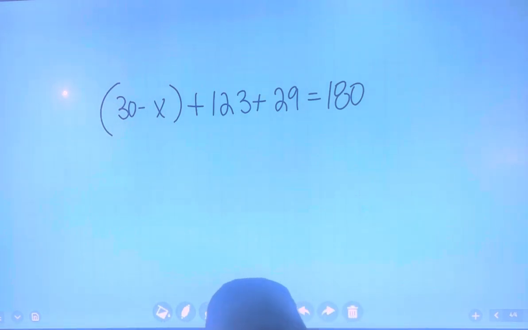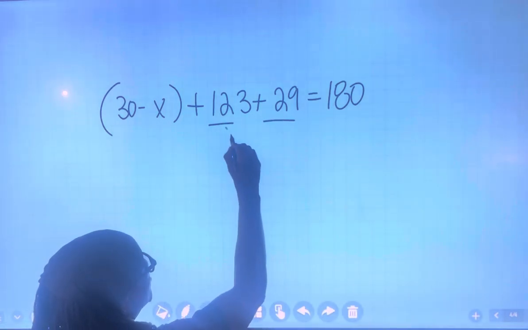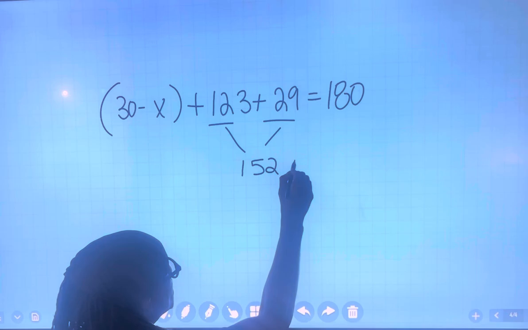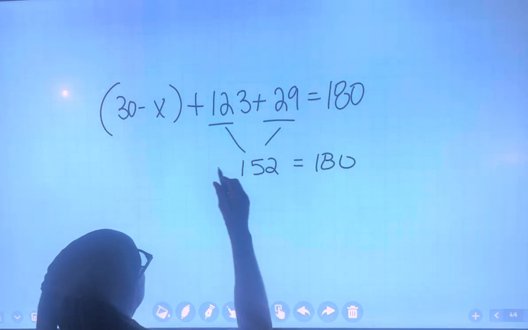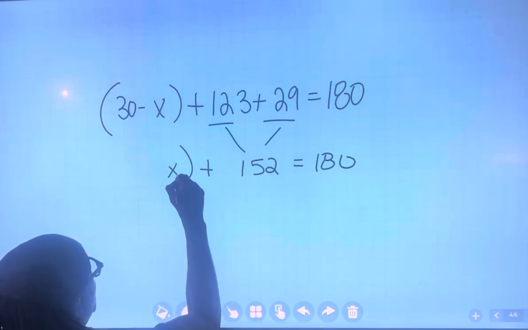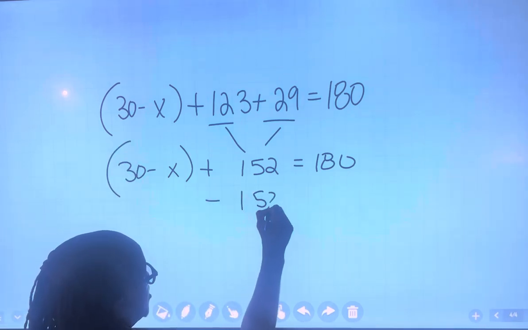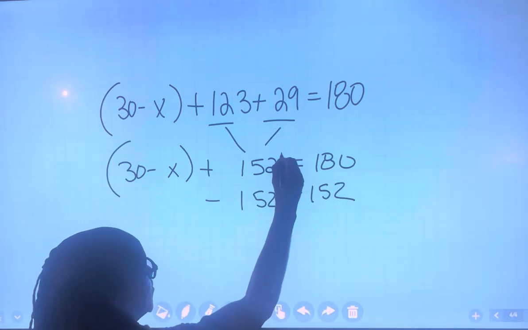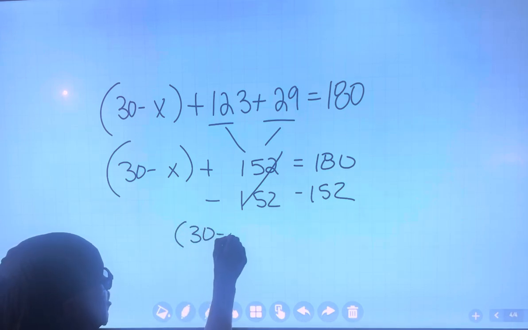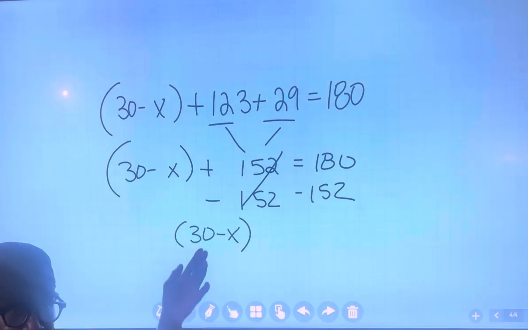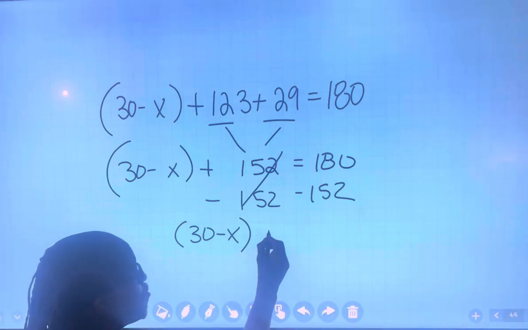Clearly, I'm gonna combine 123 and 29. Then bring down your x minus 30. These are gonna subtract. That cancels. This is where you have 30 minus x. Are you understanding all of the algebra part, right? Yeah. All right.